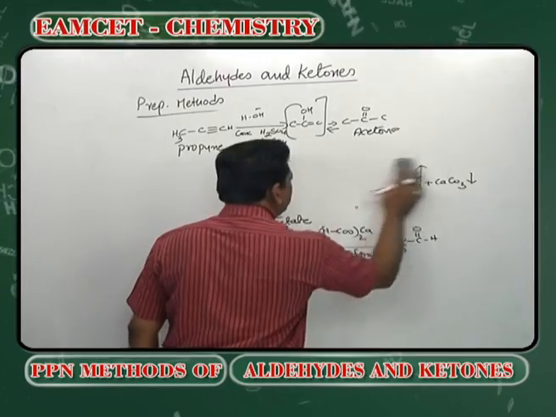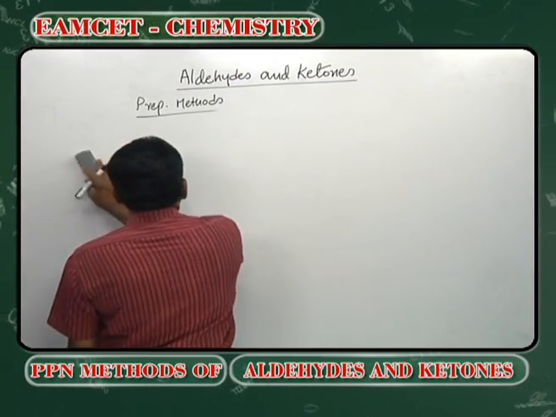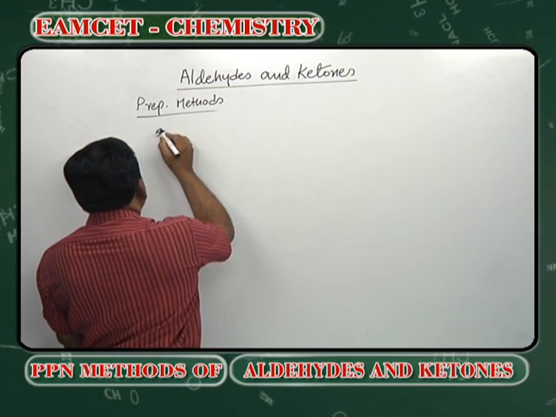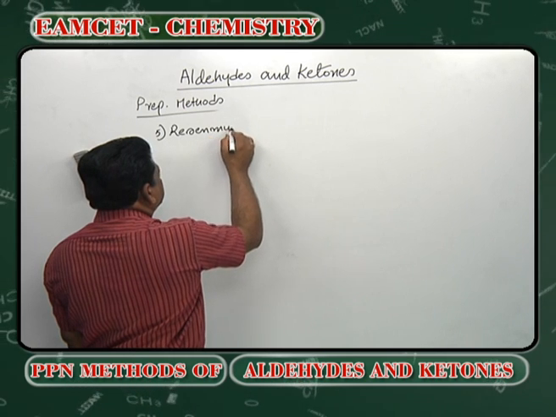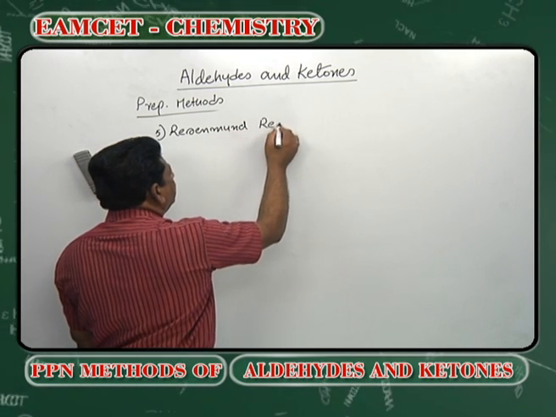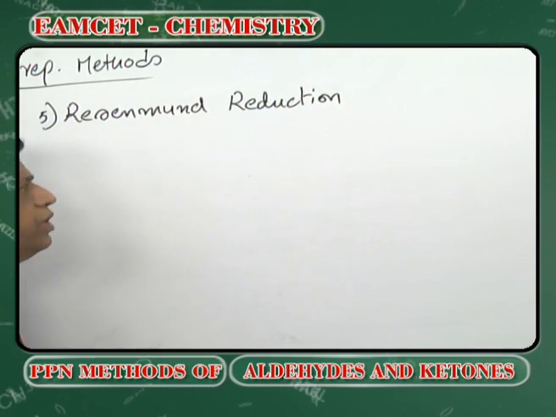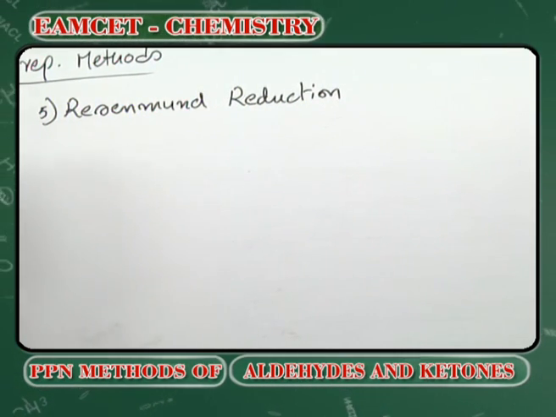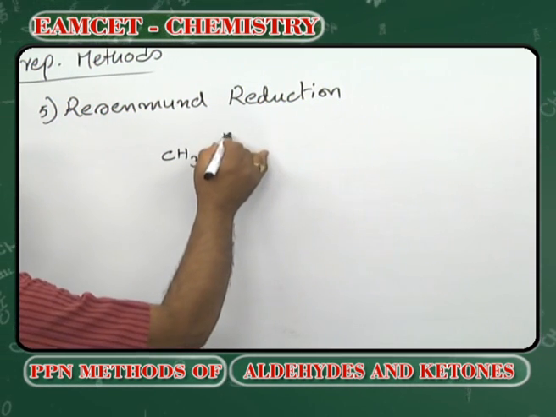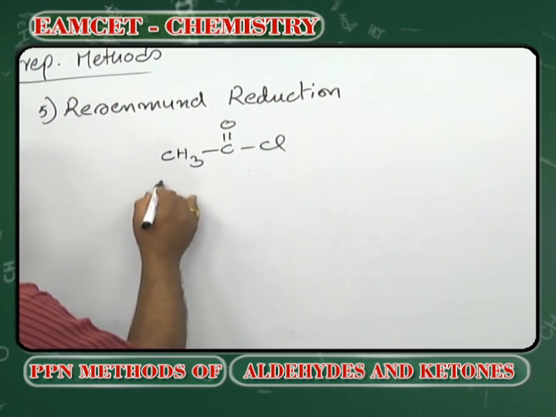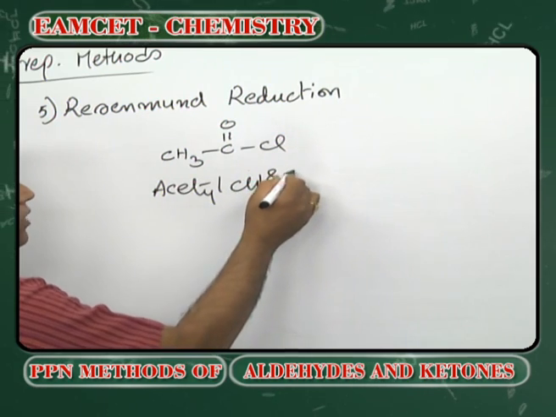We have one or two specific methods also, like the Rosenmund reduction. Rosenmund reduction is a very popular name reaction, asked three or four times in the EAMCET examination also. This is the reduction of acetyl chloride.